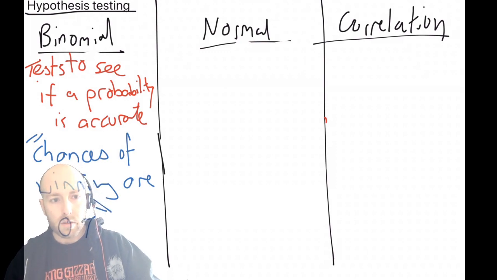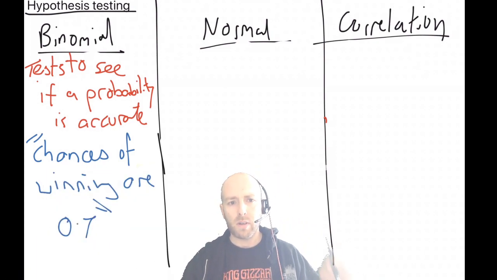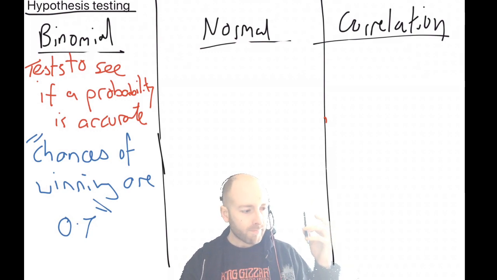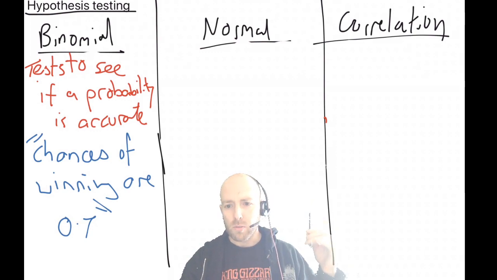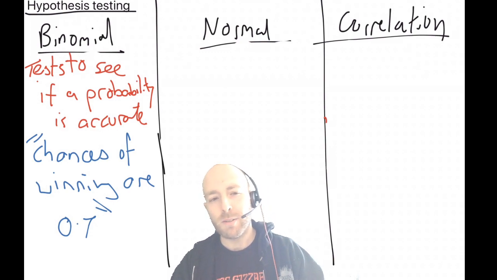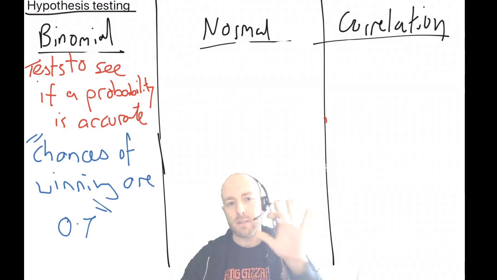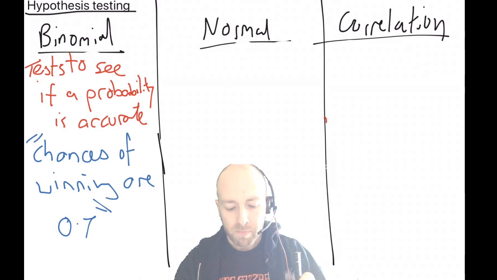Okay, so that brings us to the normal hypothesis test. So for the normal, we're not going to be checking probability because obviously probability is one of our, what's the word I'm looking for? One of our, not variables, one of our, it'll come back to me later. No, it's gone. N and P in binomial. We use mu and sigma in the normal distribution.